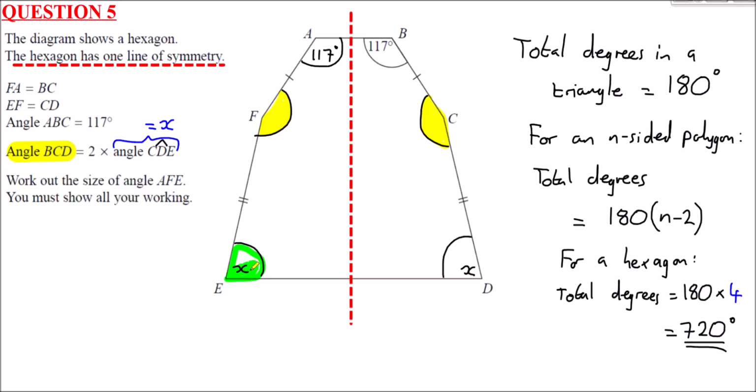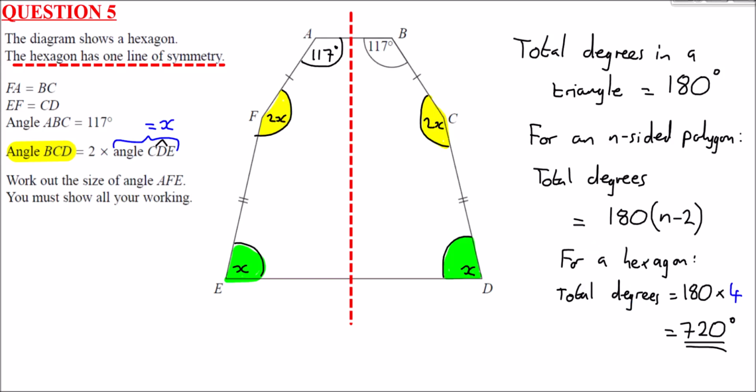So I'll just colour code this in. And then, if the angle at D is X, we're told that angle BCD is double that. So in other words, if these two are X, then the yellow angles are 2X.